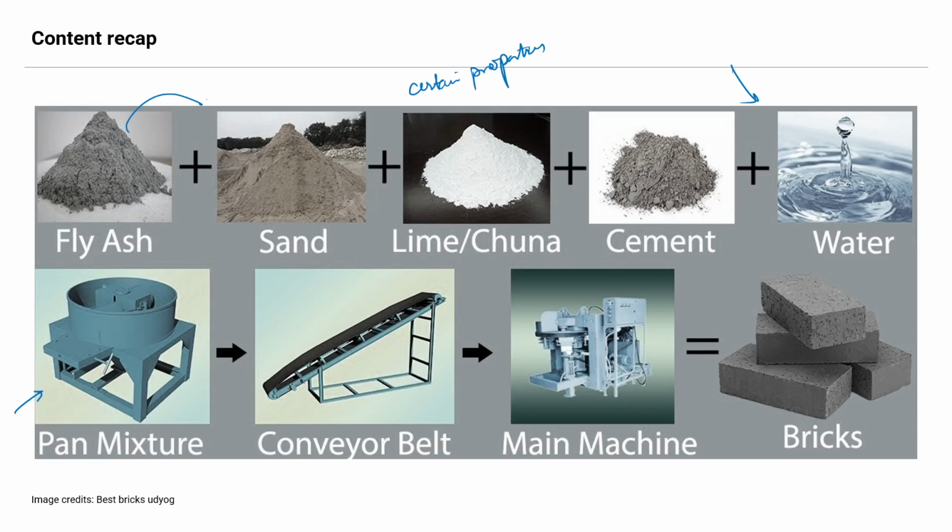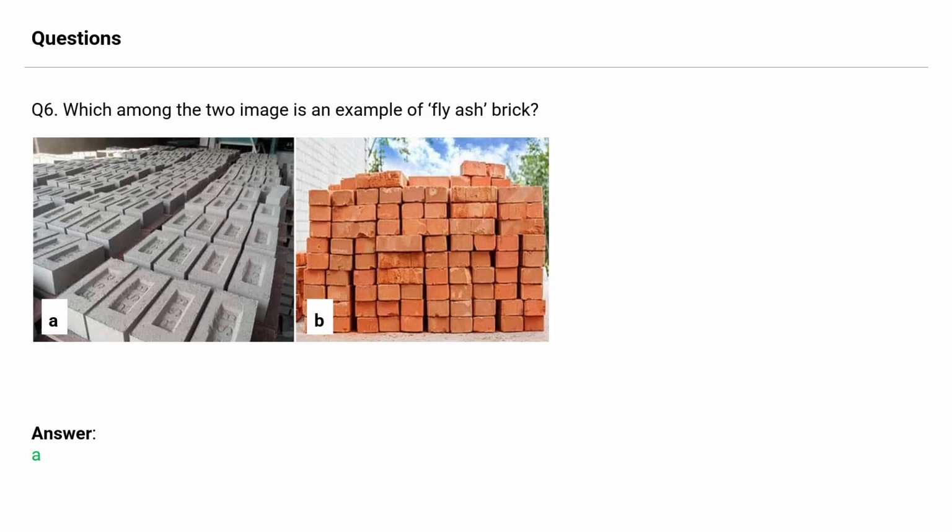It basically mixes all the components, and the material goes onto a conveyor belt, and here these are poured in the materials and the bricks come out. All right. So I think the color is quite good evidence of the fly ash. So if you have an imagery based question, I think it would be quite easy to attempt. So the correct answer is option A, which is this option.